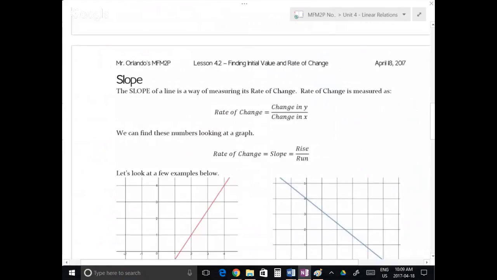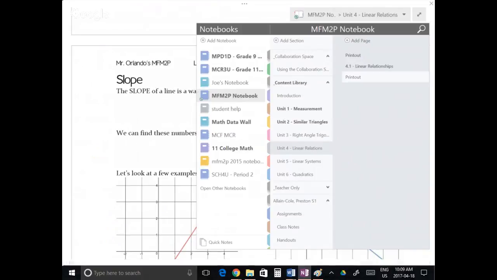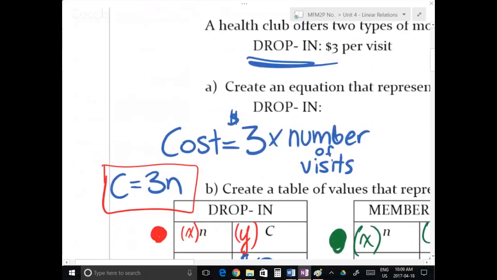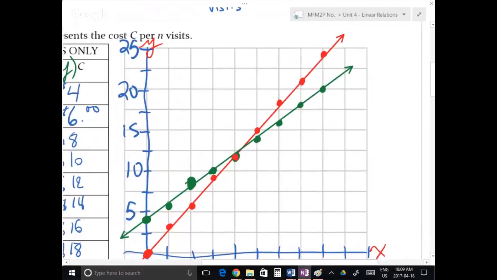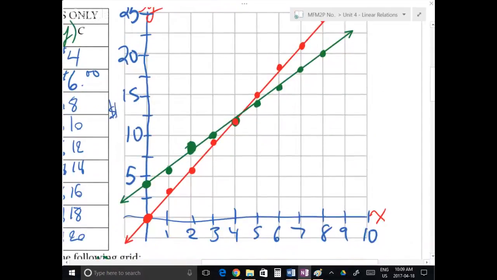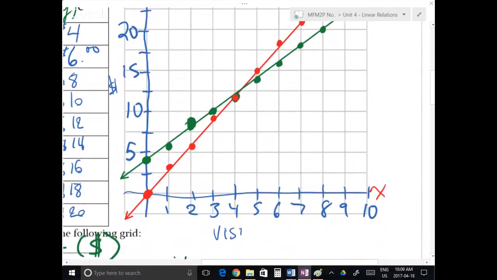I want to talk about how we could find that number if it wasn't given to you. In those situations, I told you, it's $2 per visit, it's $3 per visit. What if I just gave you a graph? Well, if we take a look at that again, it was dollars per visit. Let's go look at that graph from Thursday. If you look at that graph, we put down below on the x-axis what?